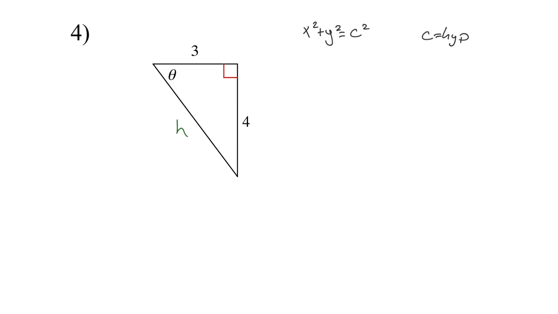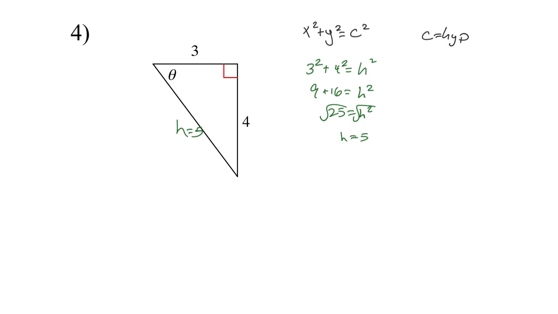Because I'm adding, it actually doesn't matter the order, but c is always the hypotenuse. So in this case, I'm missing the hypotenuse, so I get 3 squared plus 4 squared equals, let's name it h squared. So I got 9 plus 16 equals h squared, so 25. And then the square root of both sides, h is 5. That means that this equals 5.